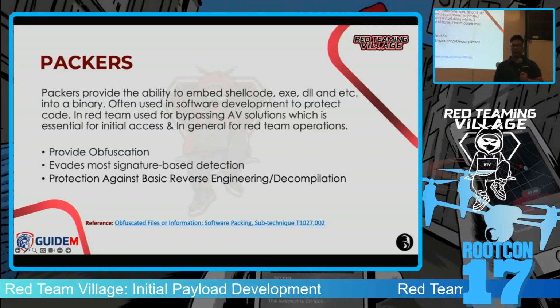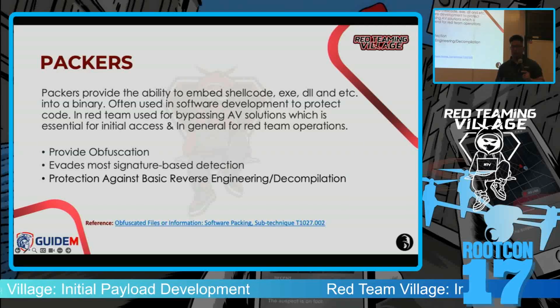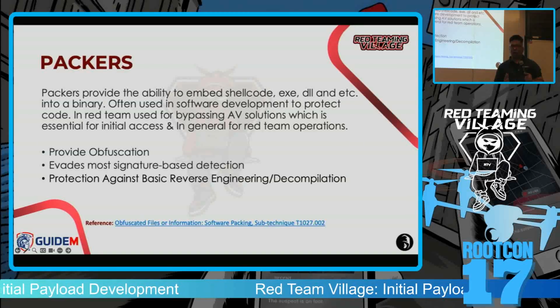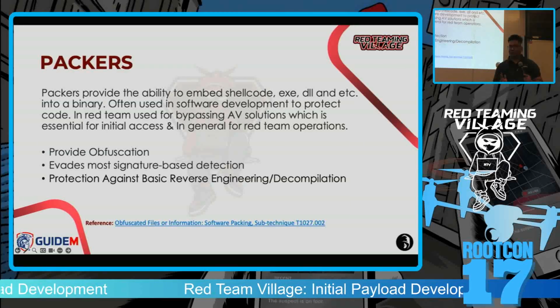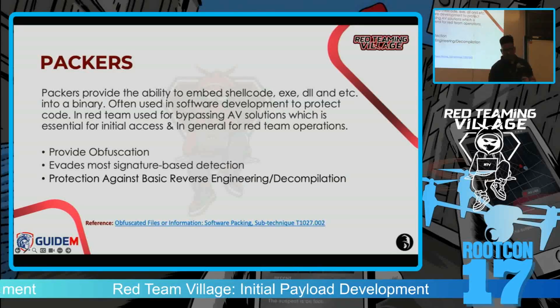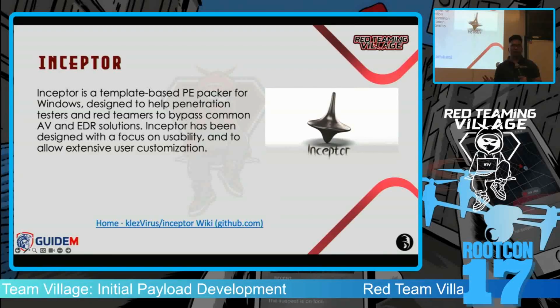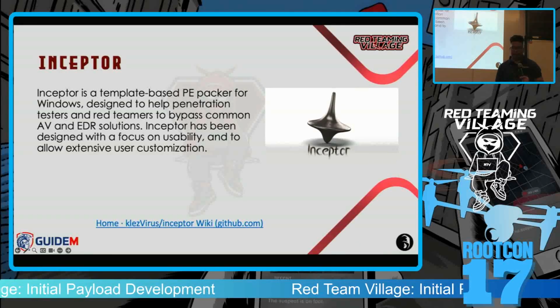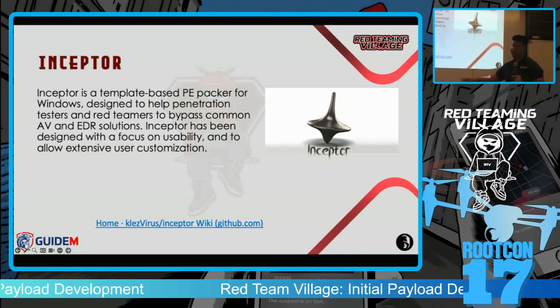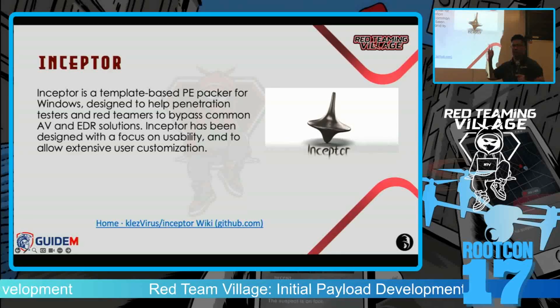A good thing about this is that when you combine packers, you get different results, so it's trial and error. These are the tools that actually work. Inceptor has multiple frameworks for AV and EDR evasion.